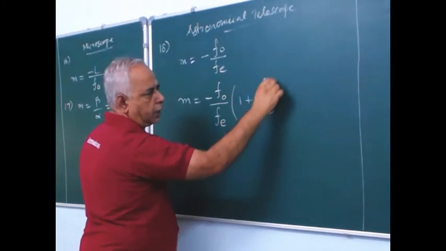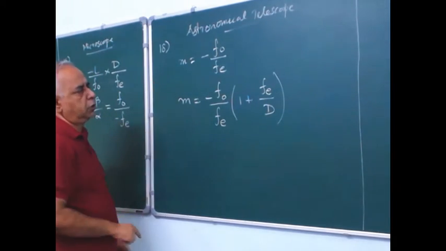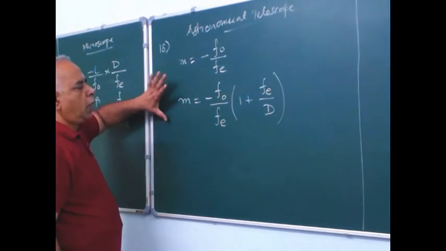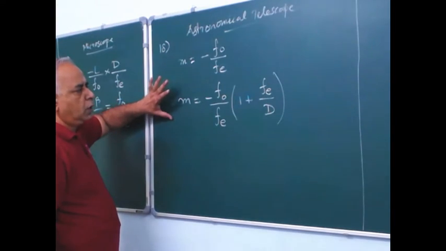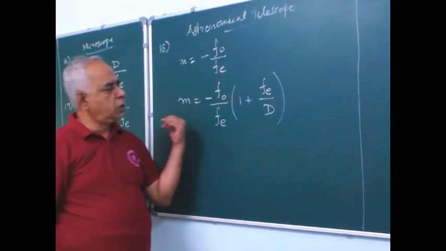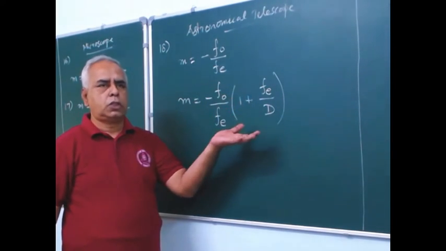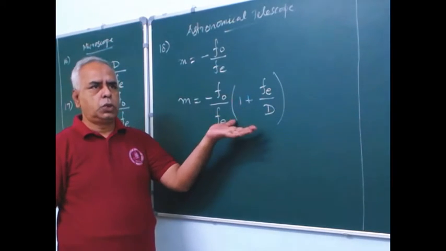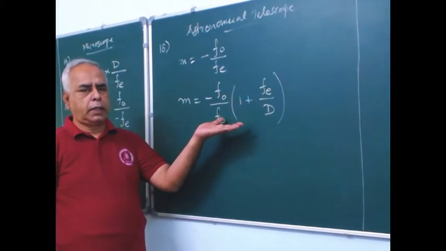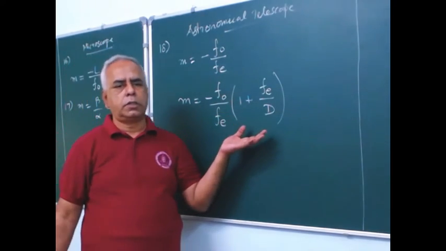into 1 plus fe divided by d. Just by looking at the equation you should be able to identify the difference between the two types of measurement. In this equation we have included d, so it means the image is formed at the least distance of distinct vision.